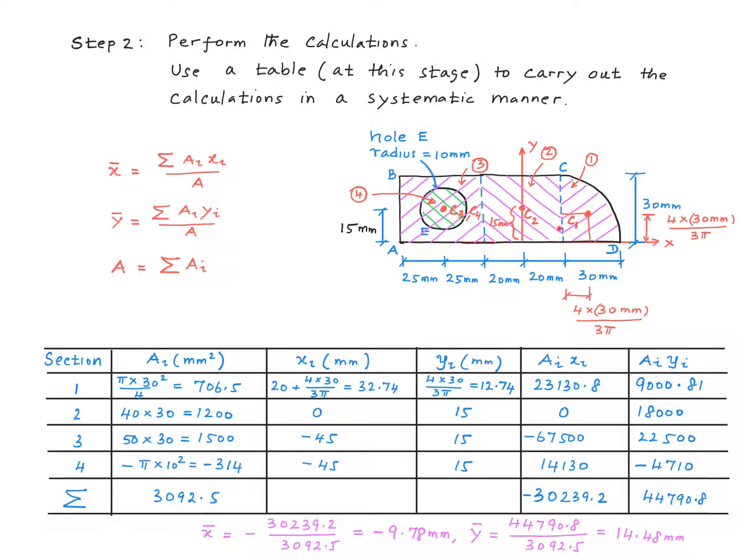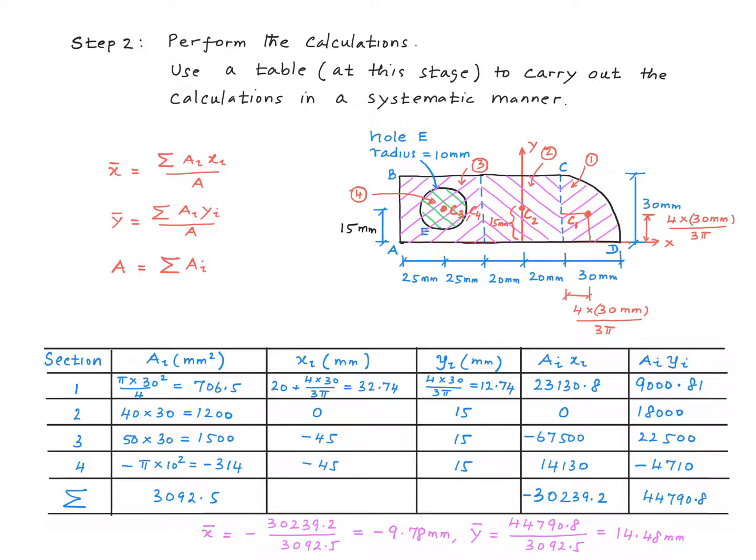The y-coordinate of the quarter circle is once again 4r divided by 3 pi, and we get 12.74 millimeters for that. And the y-coordinate of the centroid for the middle rectangle is 15 millimeters, and the y-coordinate for these two centroids is 15 millimeters. So at this point we are done picking up numbers based on the picture.